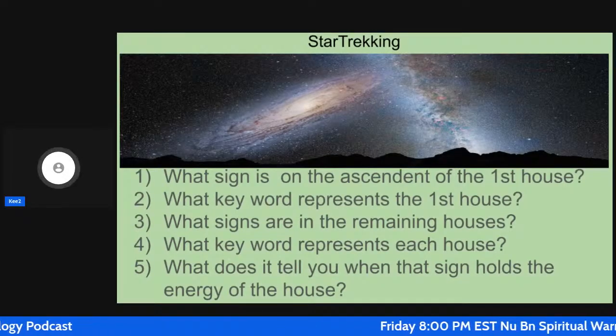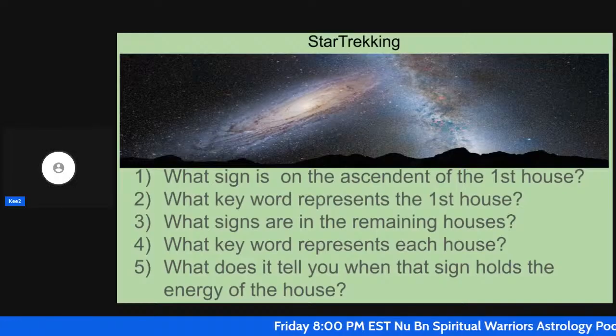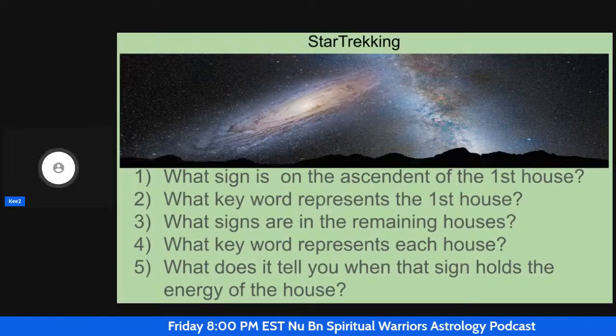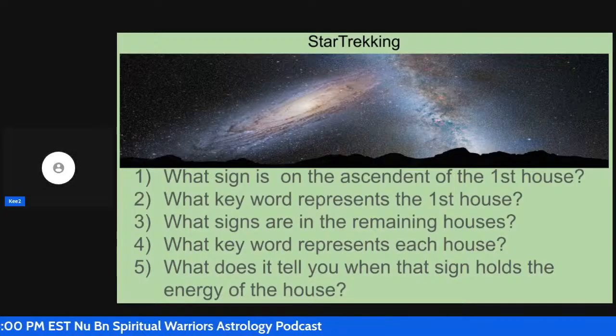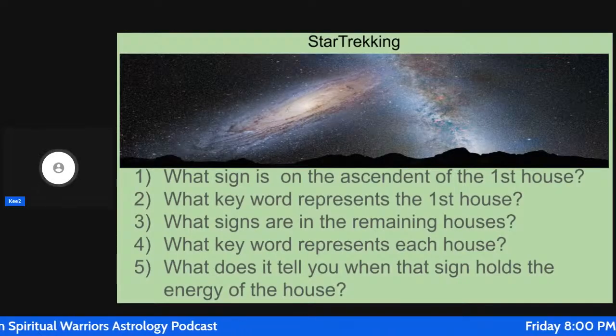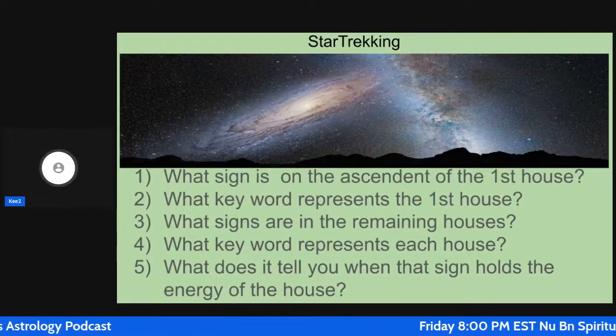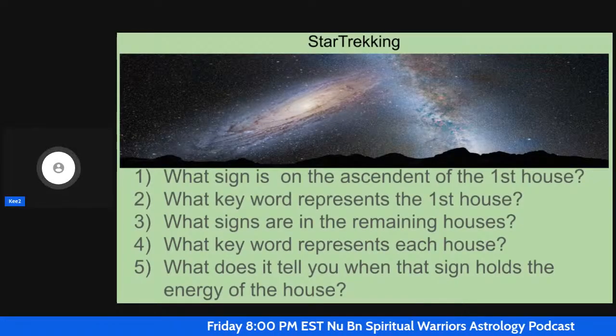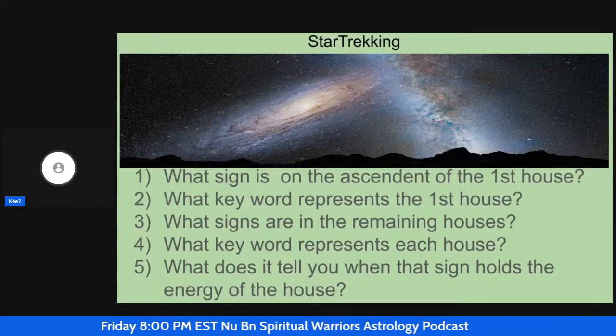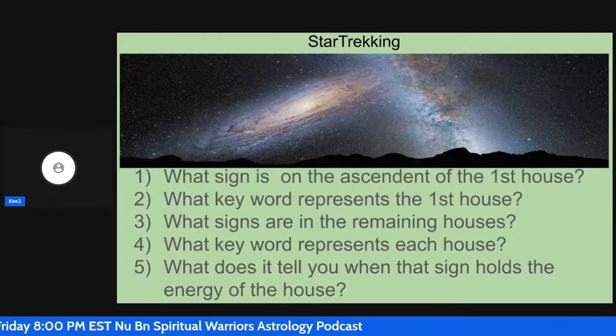What signs are in the remaining houses? What key word represents each house? What does it tell you when that sign holds the energy of the house? So these are some things I'd like for you to ponder until our next podcast.